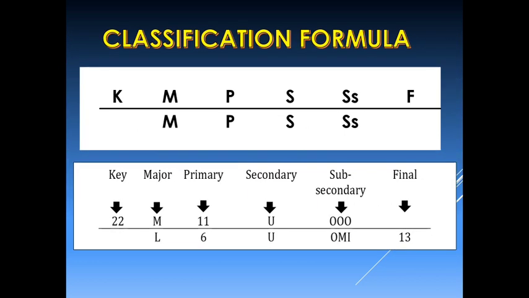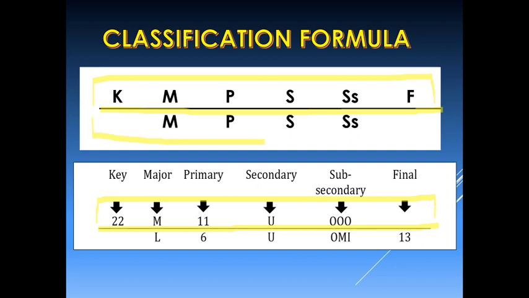So to continue with our classification formula, if you're looking at this particular line, this is termed the classification line. On the upper portion of the classification line, we term it the numerator, and on the lower portion, we term it the denominator. If you observe the key classification or key division, it only involves the numerator.